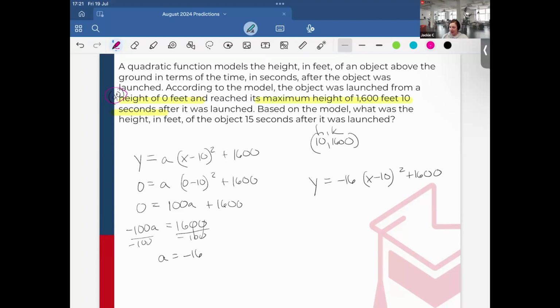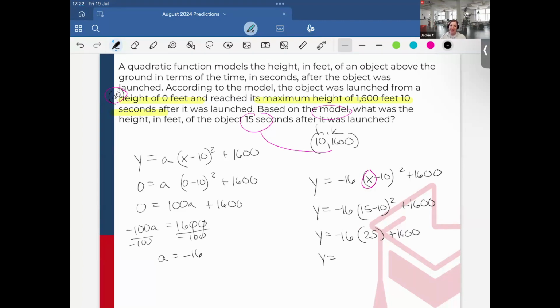Then I have to find, based on this model, the height in feet of the object 15 seconds after it was launched. So go ahead and put 15 in here. y equals negative 16(15 minus 10) squared plus 1600. So y is equal to negative 16 times 5 squared, so times 25, plus 1600.